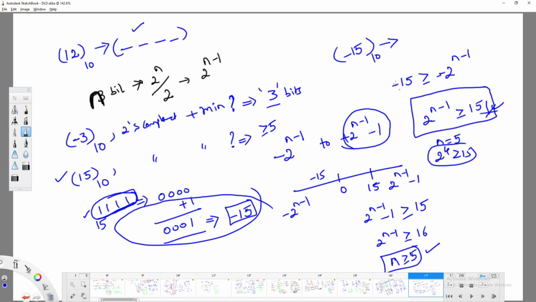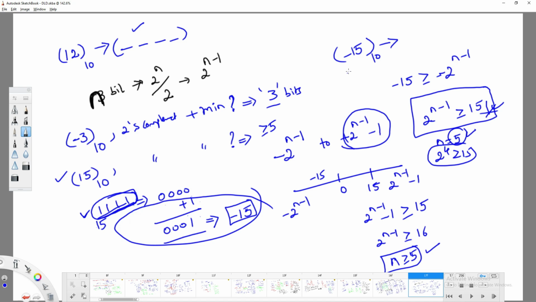So in order to represent minus 15 in the 2's complement representation system, I compulsorily require 5 bits. But according to this logic of representing a 15, see, this is completely different.